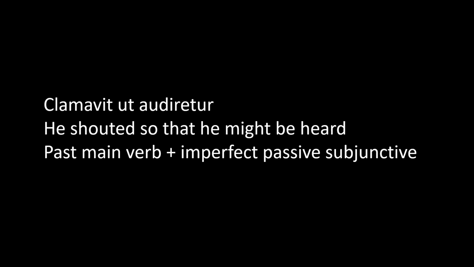Clamavit ut audiretur. He shouted so that he might be heard. Past main verb and imperfect passive subjunctive. I've used the form here past main verb because there is an apparent difficulty in Latin. Take this further example.